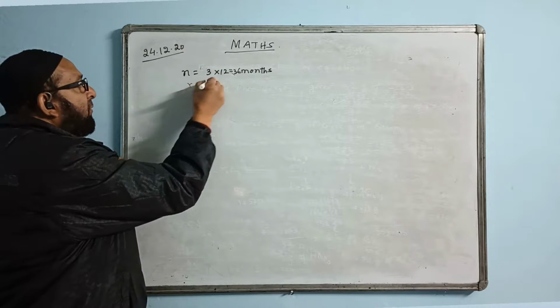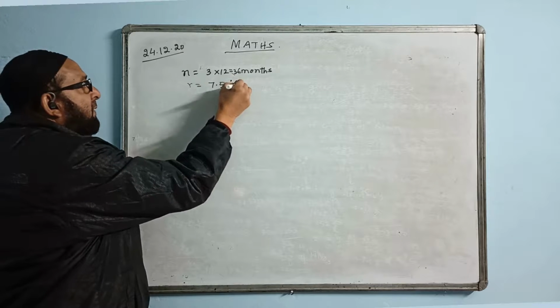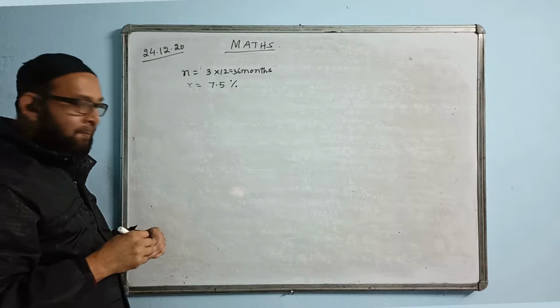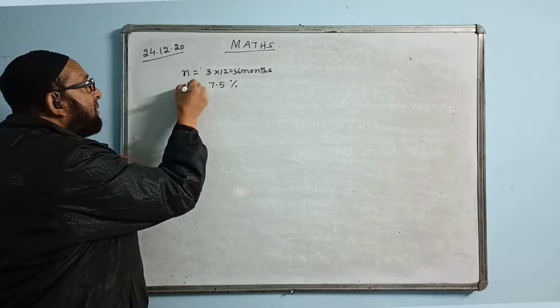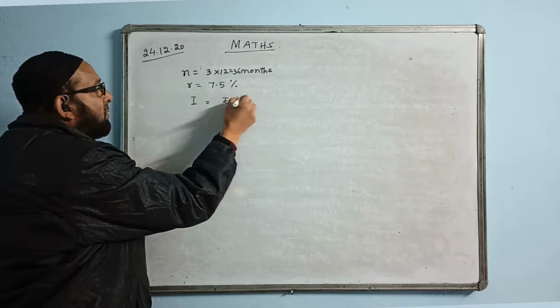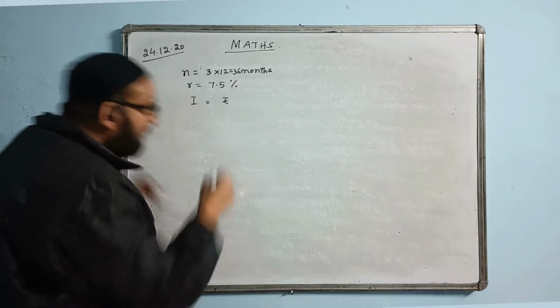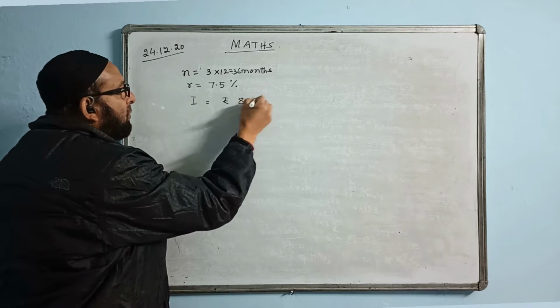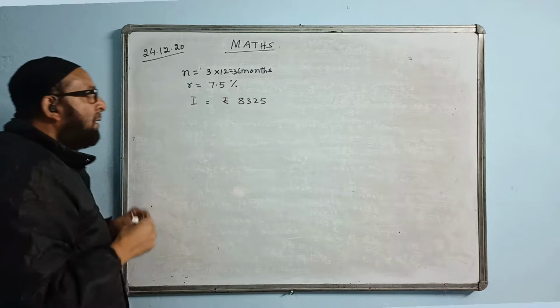Rate given 7.5, so 7.5% only we will write. Interest I is given rupees 8325. We will write that.